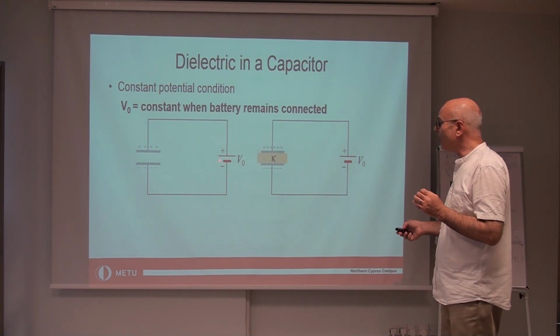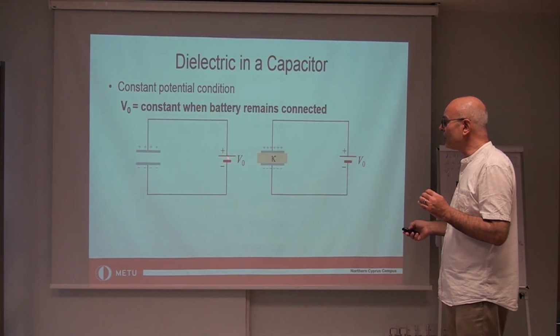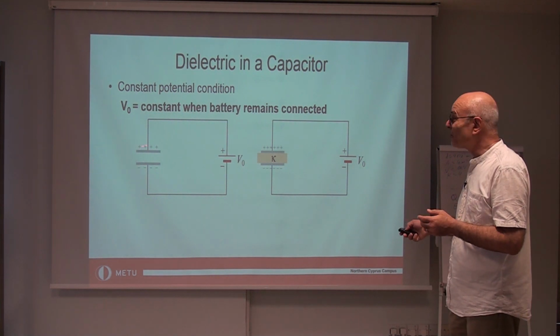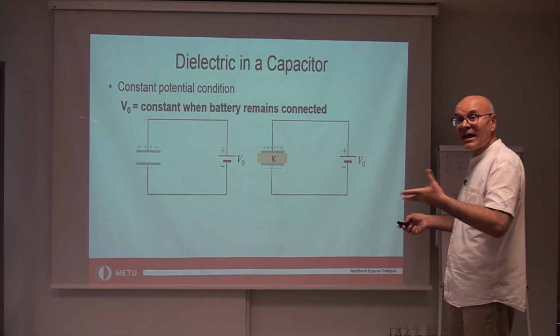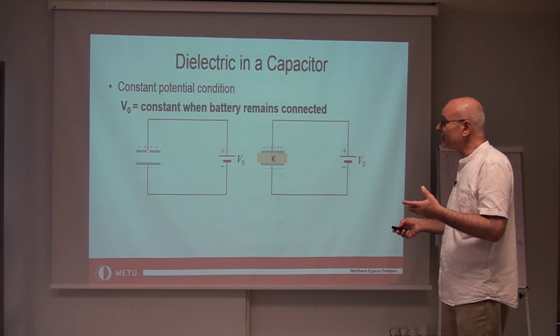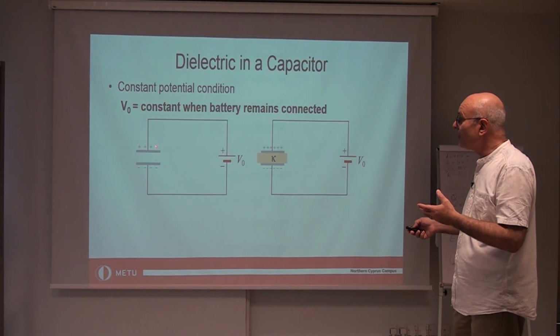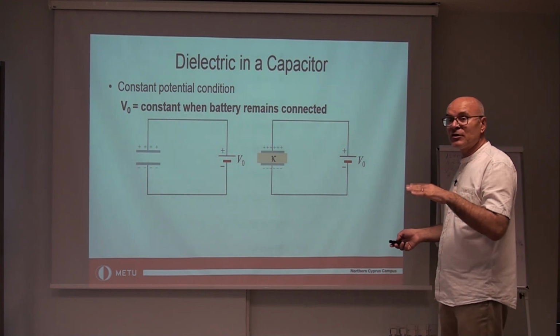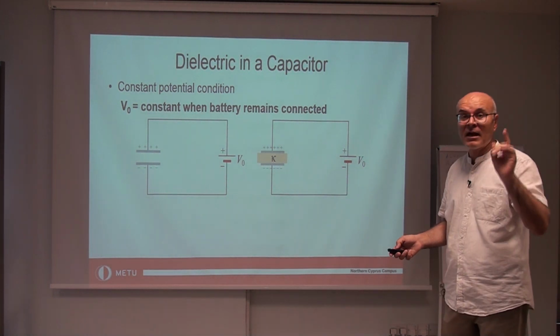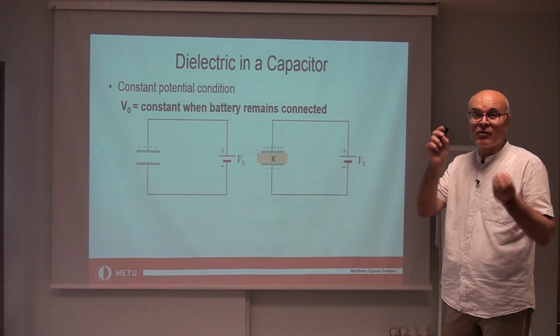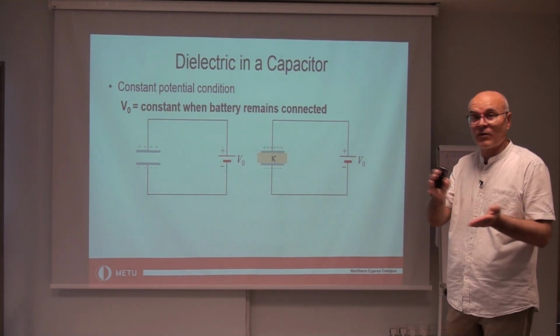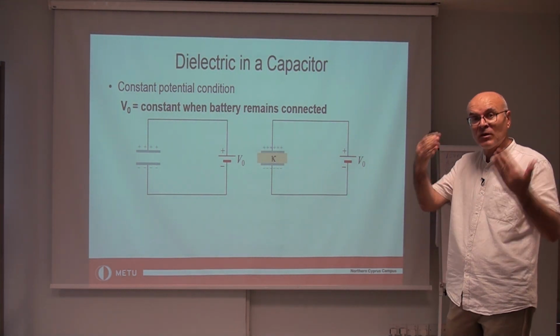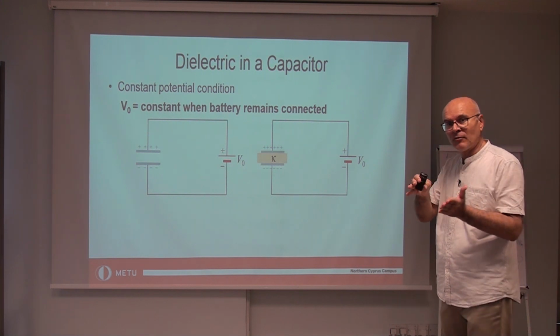As long as the capacitor is still connected to the battery, whatever you do here, charge will rearrange itself so that the potential difference across the capacitor always equals the potential difference across the battery, as long as the battery is still connected. Whatever you do to the capacitor, that situation will always be maintained, the potential difference.